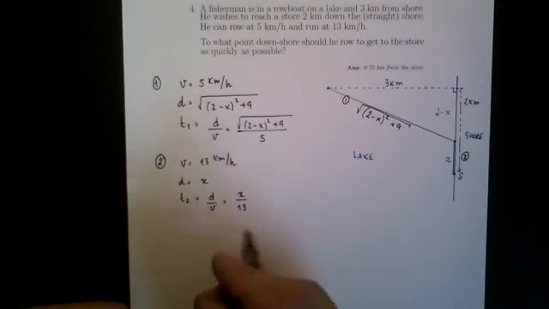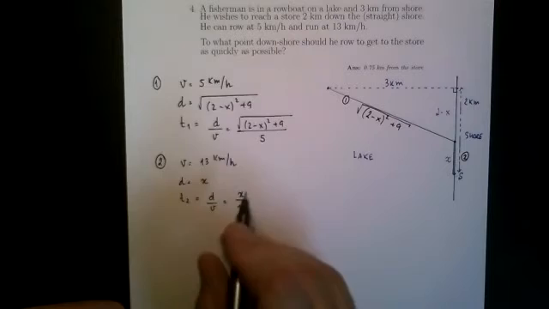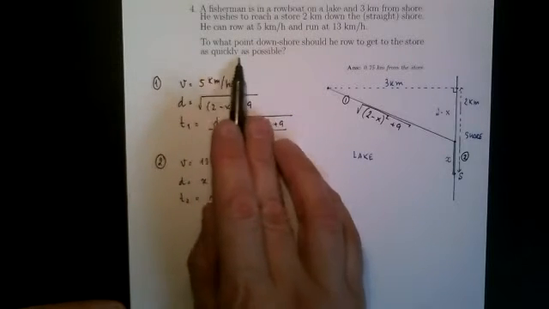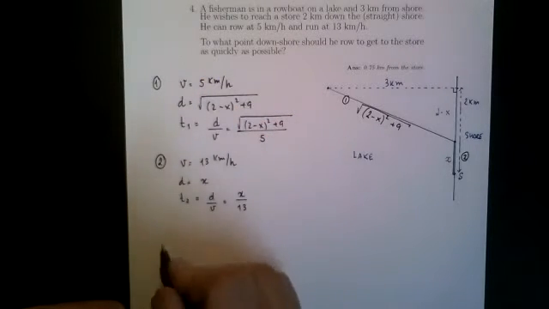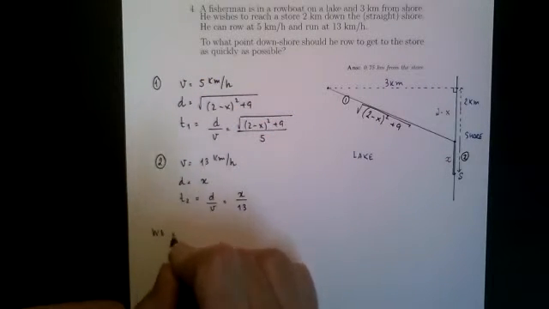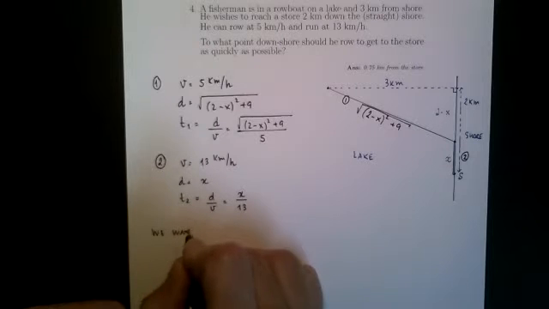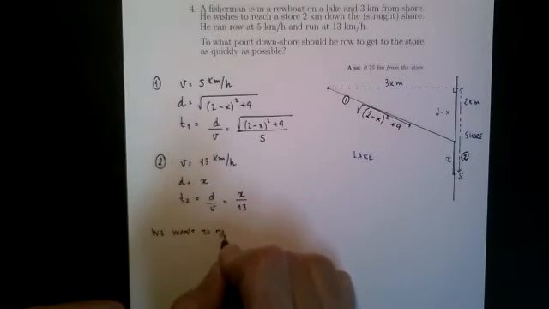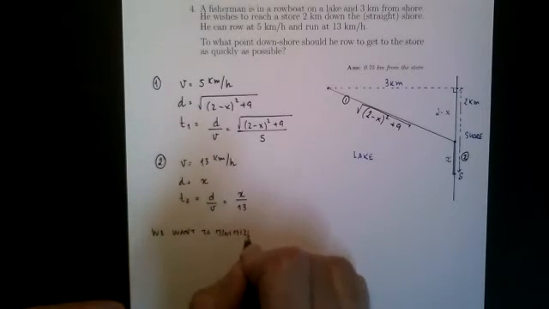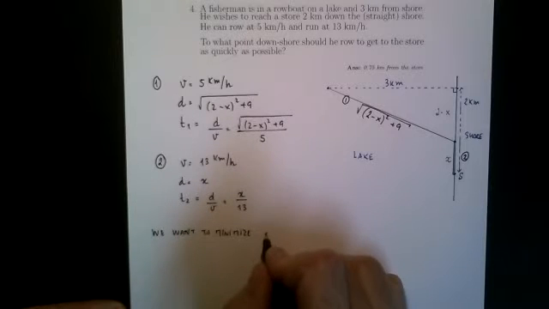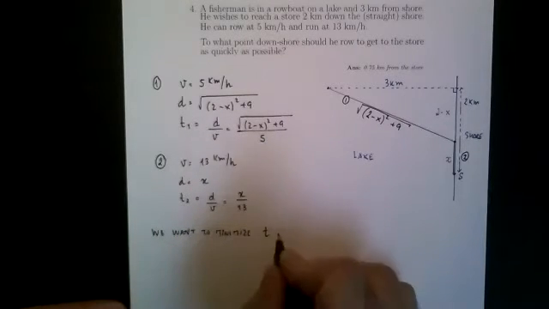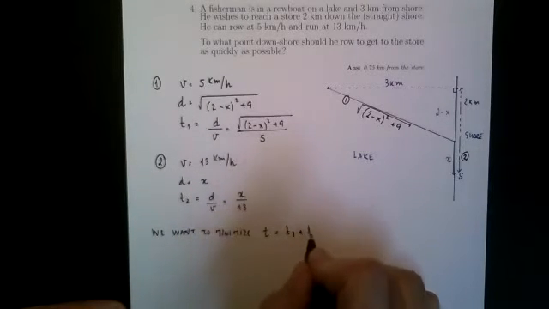Okay, so it's an optimization problem. So what do we want to minimize? So he wants to get there as quickly as possible. So we want to minimize the time, which is going to be basically t1 plus t2.